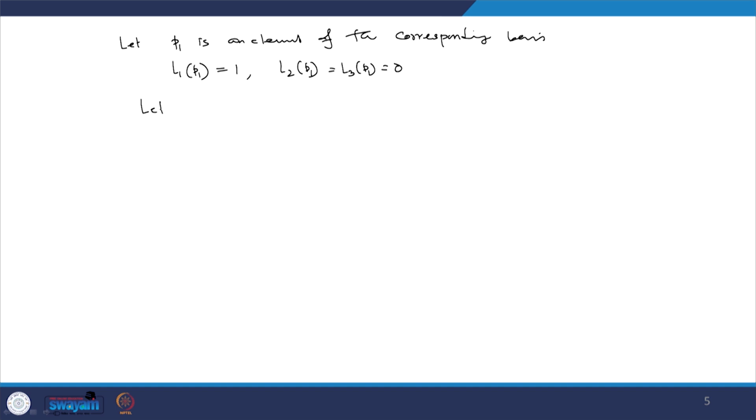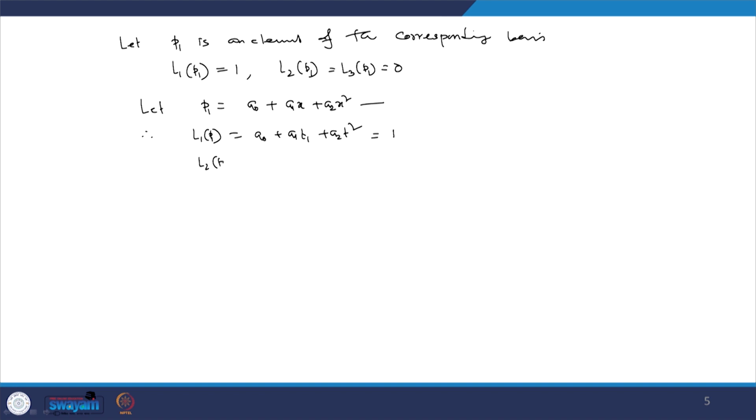Since P is a polynomial function of degree less than or equal to 2, I can consider P1 equal to A0 plus A1 x plus A2 x square. So, this implies that L1 P1, which is equal to A0 plus A1 T1 plus A2 T1 square, is equal to 1.